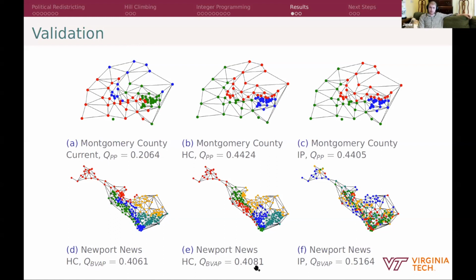The hill climbing solution has a slightly better one, and our IP solution, which is not contiguous, remember, has this number, 0.51. This is significantly higher than either of these two because it's not contiguous. But remember that we care more about finding good upper bounds than real solutions. So I'm happy with that. That's encouraging.